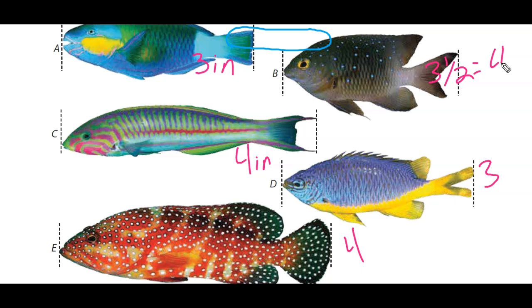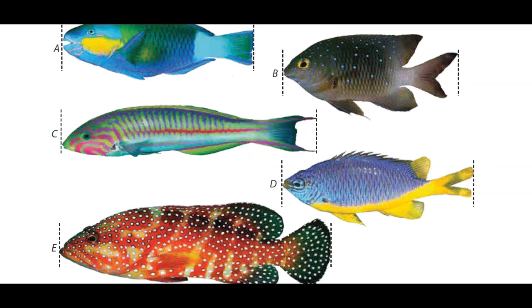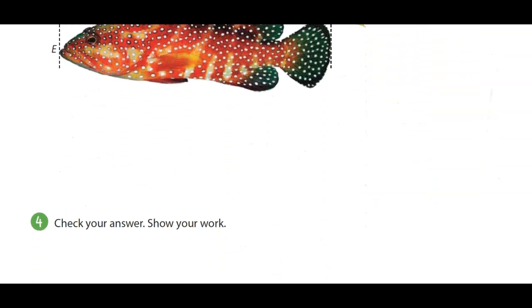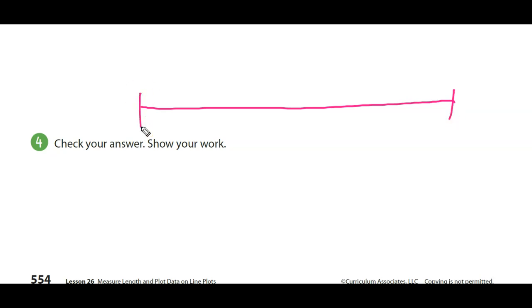Okay. So now let's make our data line. Let's show our work right here. And we'll start with 3, 3.5, and 4, and 4.5.